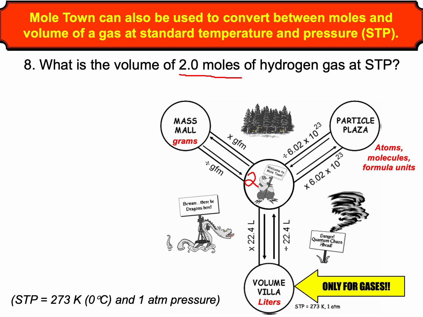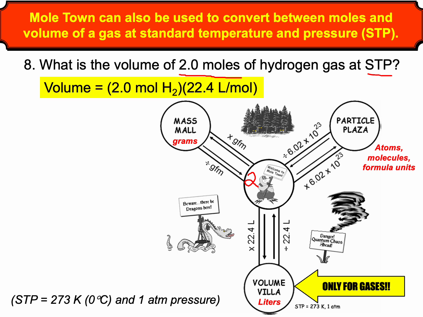We're trying to get out to liters of a gas. It says it's at STP, which means that we can use this picture. If it's not at STP, we have to use a different calculation. And so we go ahead and we do multiply, and we get 44.8 liters of hydrogen gas.